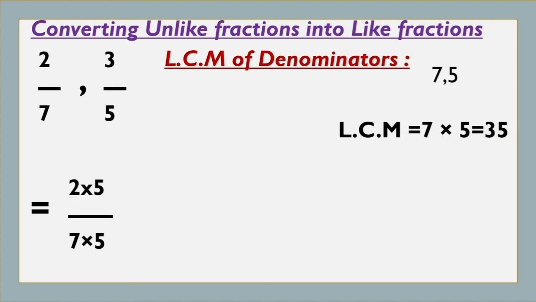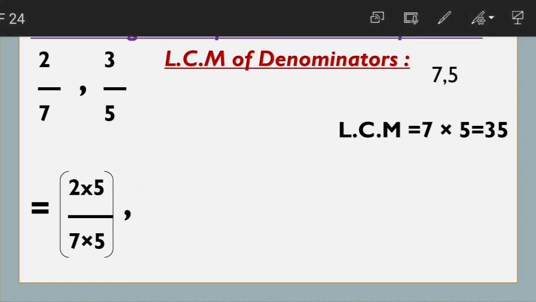So observe that to get that, we have to convert each fraction's denominator into 35. For this, I am multiplying the first fraction with 5. That is 2 into 5 by 7 into 5. Comma. Second fraction, observe that in the denominator it is 5. We have to get 35, so multiply with 7, numerator and denominator.